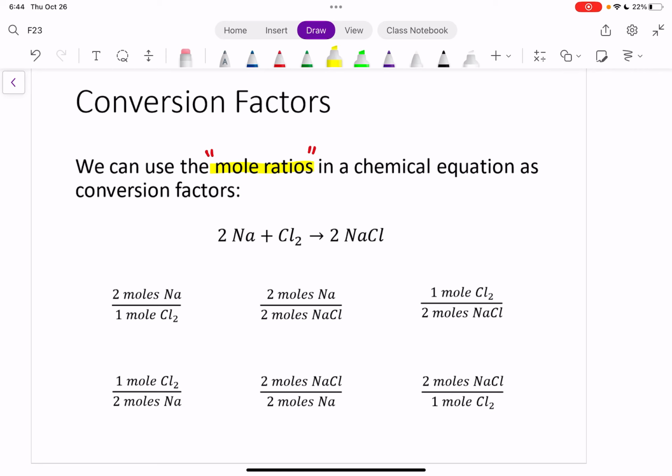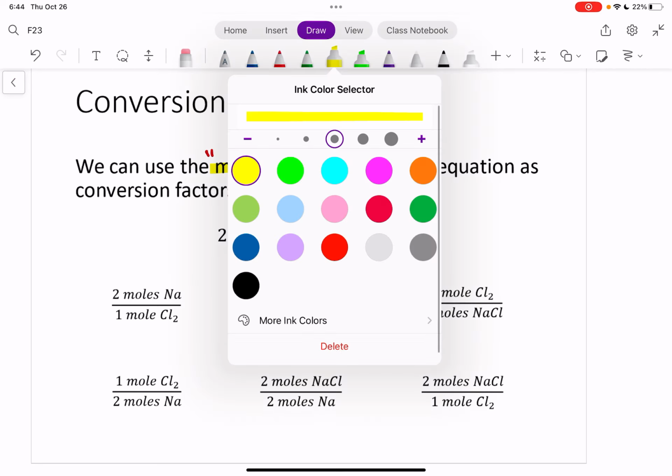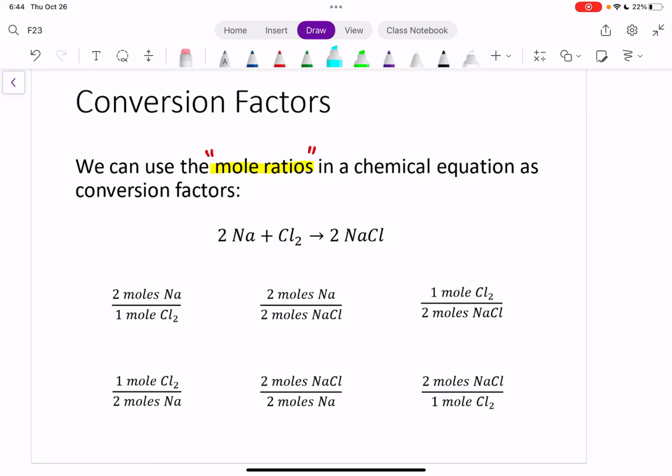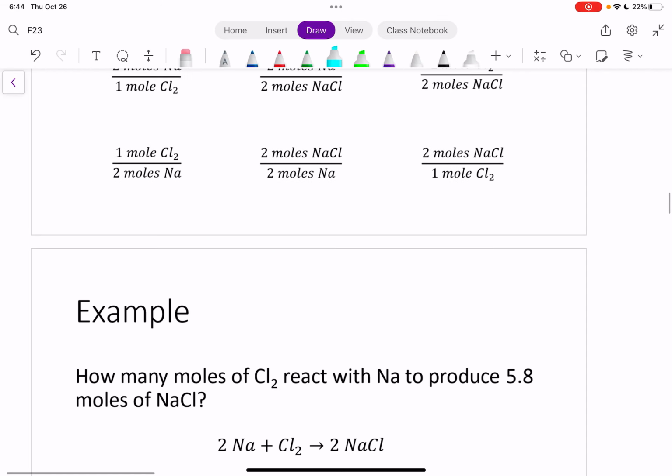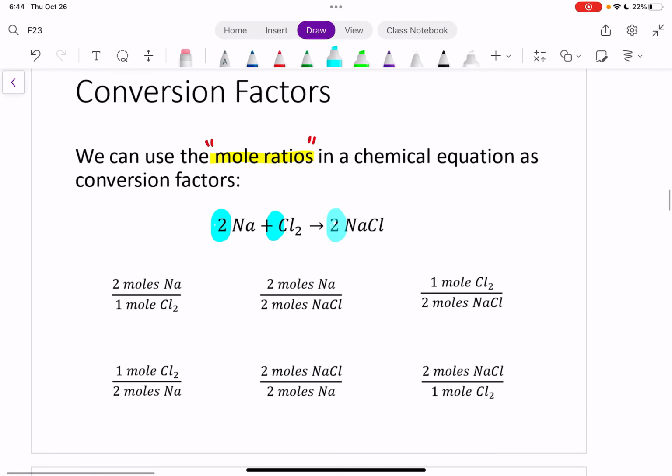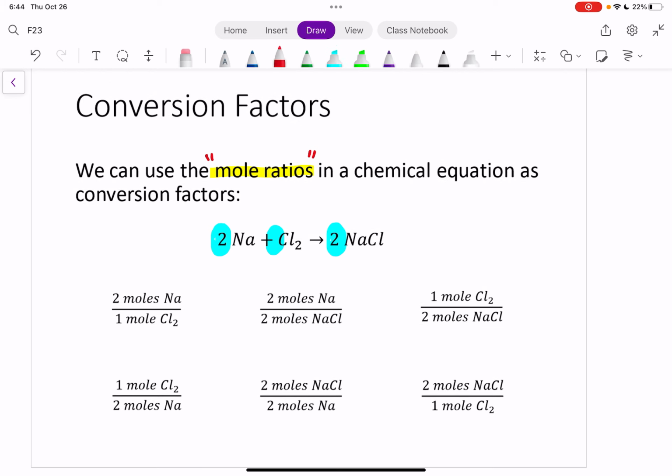So we can say that if I put in 2 moles of Na and 1 mole of Cl2, I'm going to get out 2 moles of NaCl. And we can split up these mole ratios, the ratio these moles of each chemical species react in, into conversion factors.